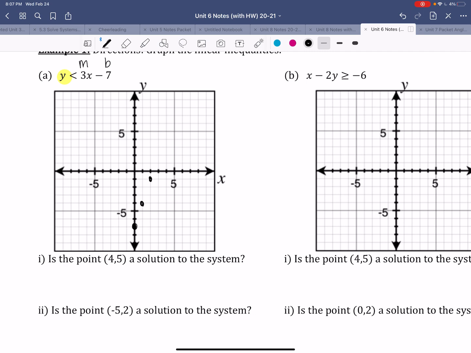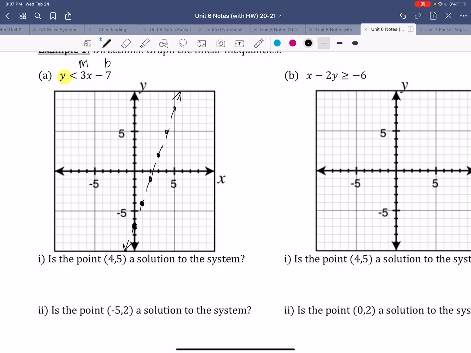And I'm going to put a couple of points on this graph. Now this is a less than problem. It's not less than or equal to, so this is going to be a dashed line. So there's my line. Once you have your line graphed, now we're just looking at shading.